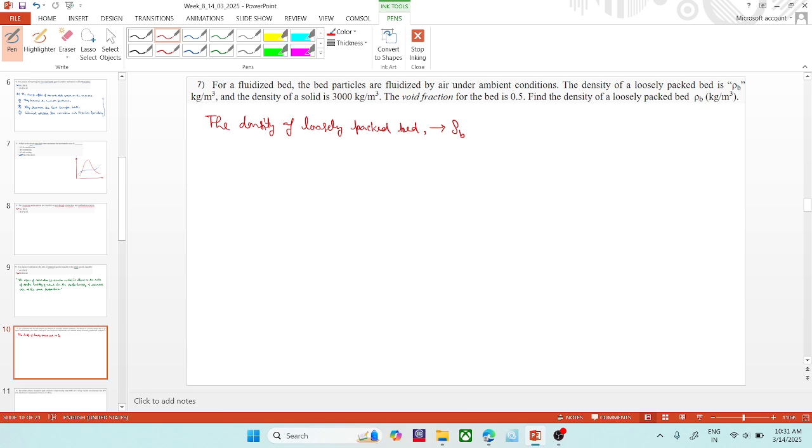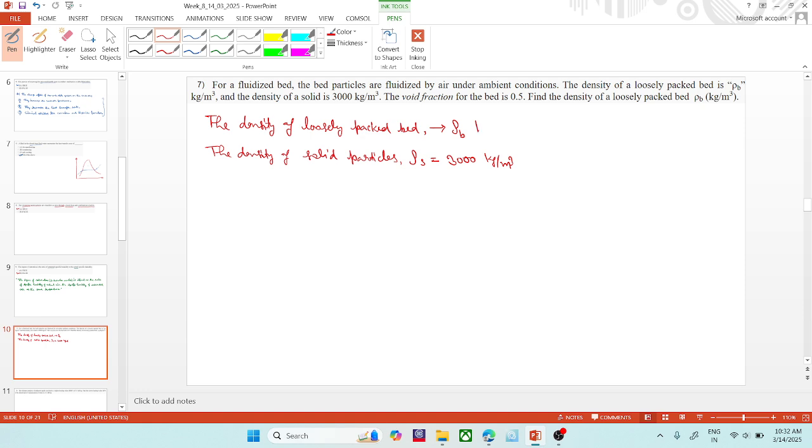Then the density of solid particles, rho s, is equal to 3000 kg per meter cube.